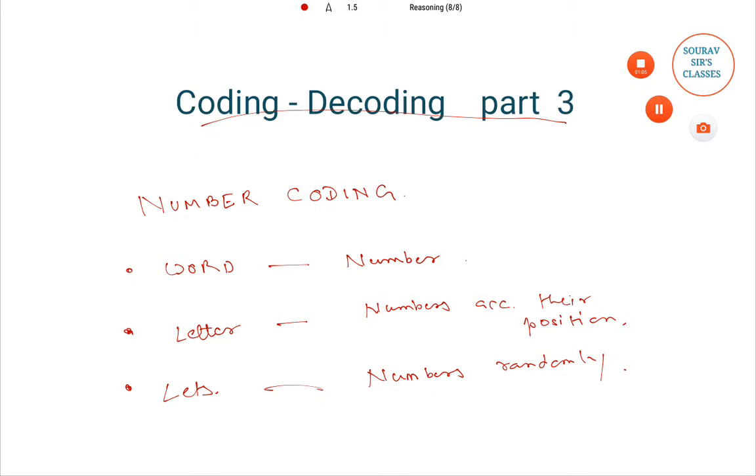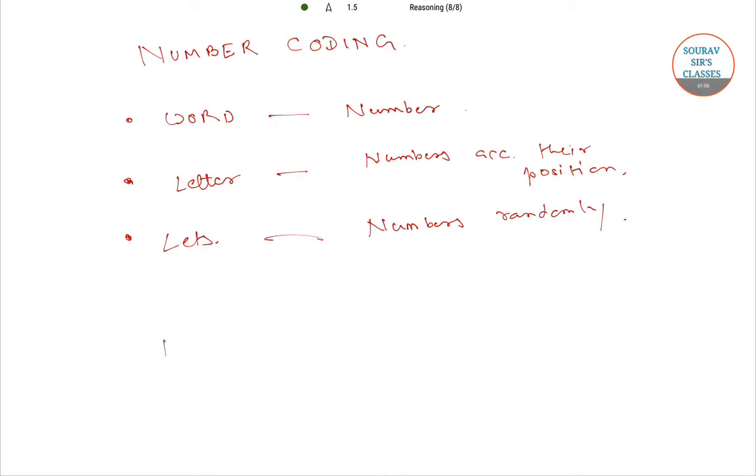For example, we are given that in a certain code language, PUT is written as 57, then how will BAT be written? Now here the word is replaced by a number.